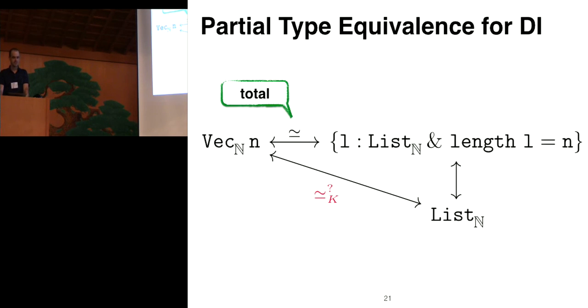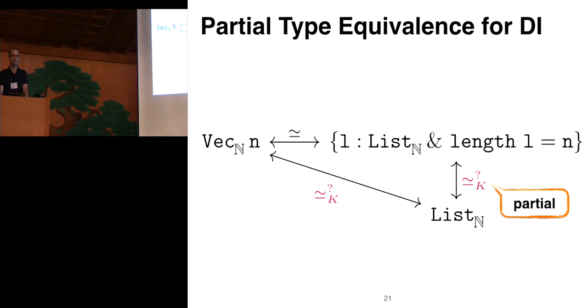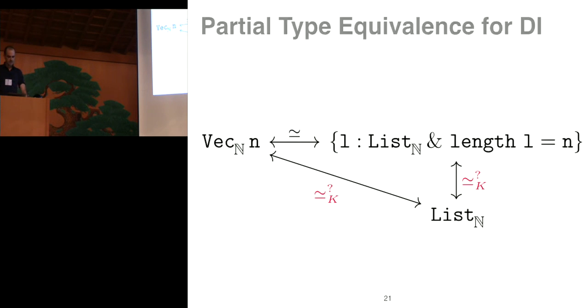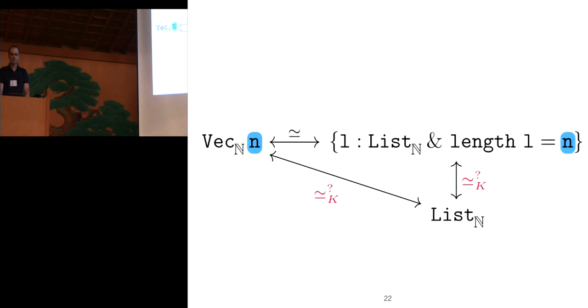Okay, so the equivalence between an index type and the subset type that captures the meaning can actually be total, but the one between lists and lists such that the length is of size n is a partial equivalence. Therefore, by composition, we have a partial equivalence between vec n and list. Here, if you look at this triangle, you'll see that the n is kind of floating around.